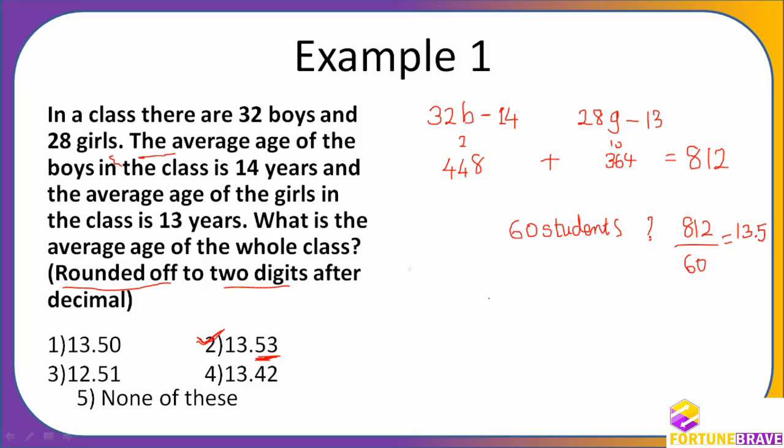Anyway, you can divide and you will get 13.53 so and so, and you round it off to two digits.